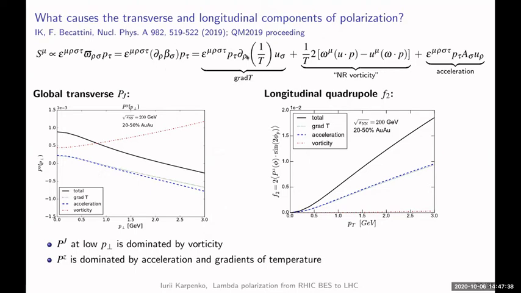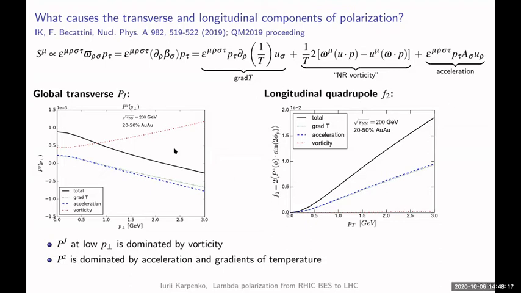The part which is proportional to the gradient of temperature, the part which is proportional to the so-called non-relativistic vorticity, which would reduce to the non-relativistic vorticity in case of small velocities, and a last part which is proportional to the acceleration. And what we have shown is that we decomposed the global polarization and longitudinal polarization into the contributions from those three different parts.